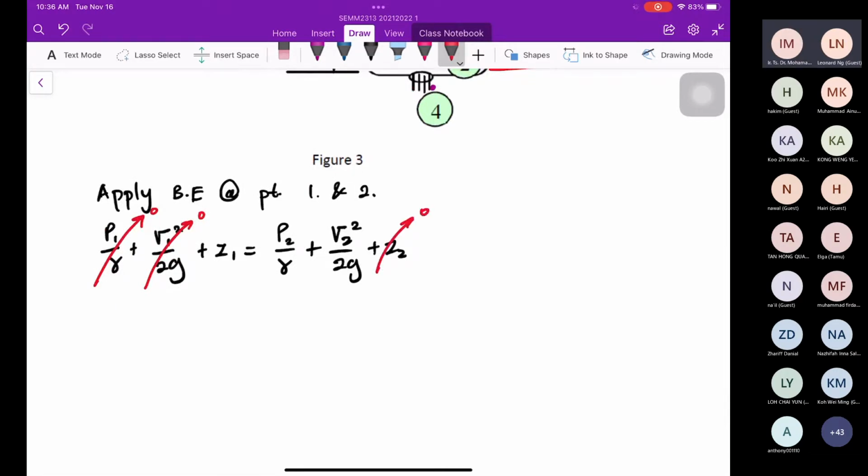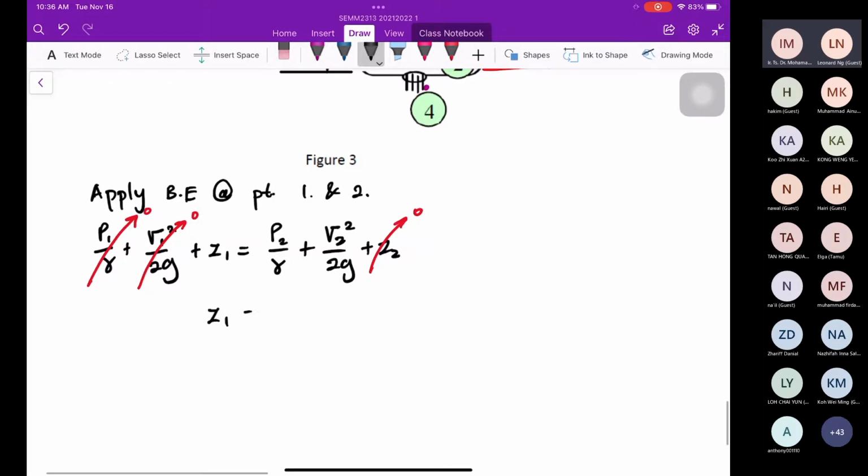So now what we have is Z1 equals P2 over rho plus V2 squared over 2G.